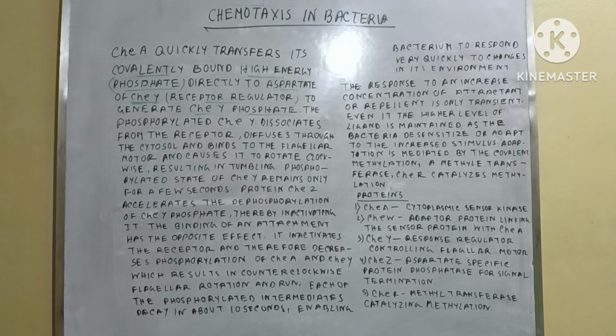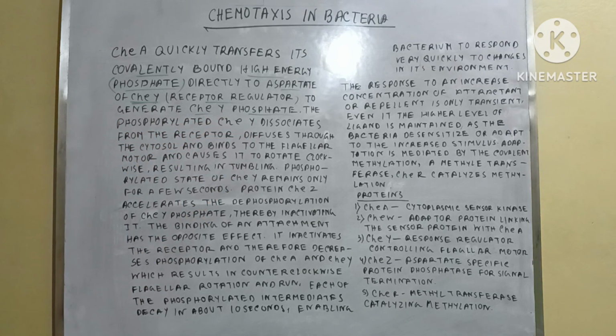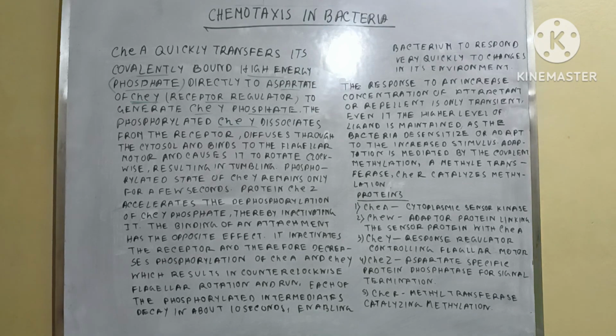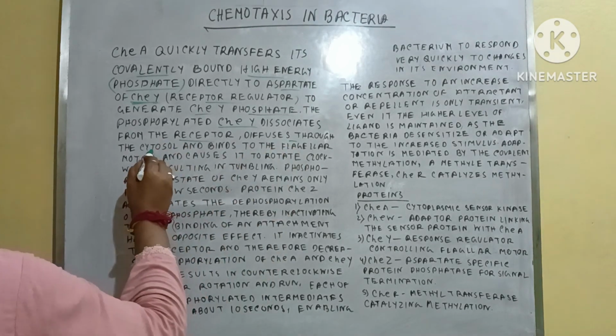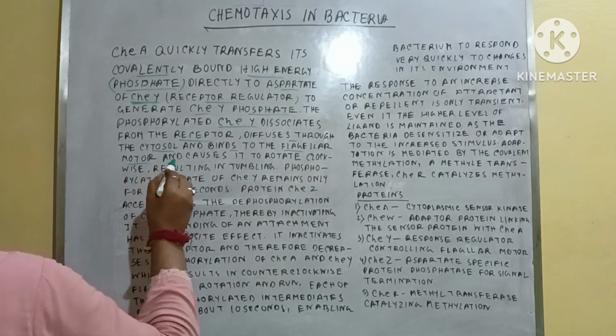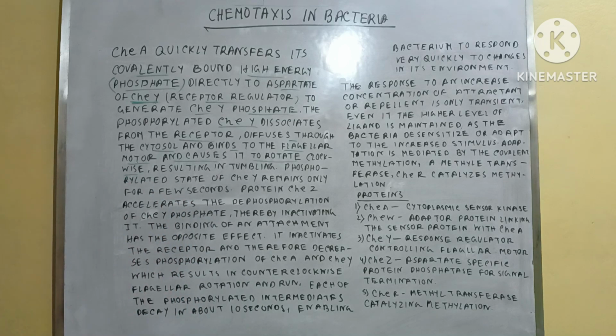The phosphorylated CHEY then dissociates from the receptor, diffuses through the cytosol, binds to the flagellar motor protein, and causes it to rotate clockwise.